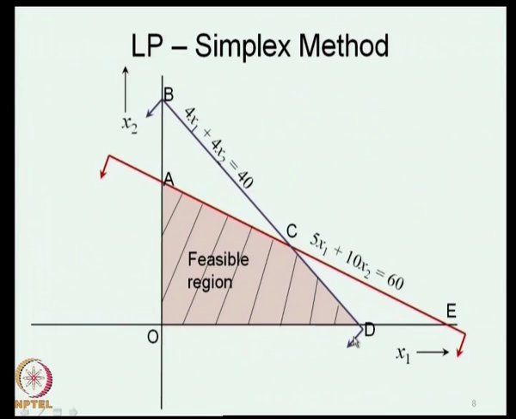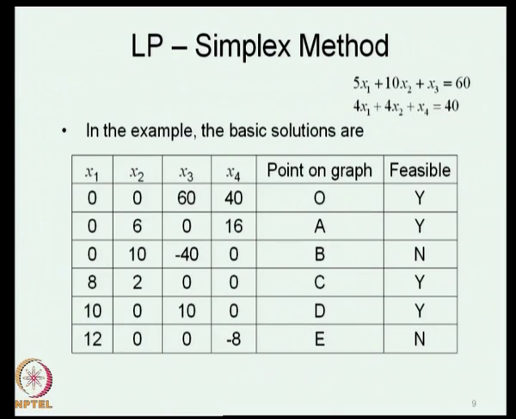Let us now look at the basic solutions. As I said, we will have 6 basic solutions. Let us see which are the basic solutions. You have these two conditions, 5 x 1 plus 10 x 2 plus x 3 is equal to 60 and 4 x 1 plus 4 x 2 plus x 4 is equal to 40. These are the two equations that you have.